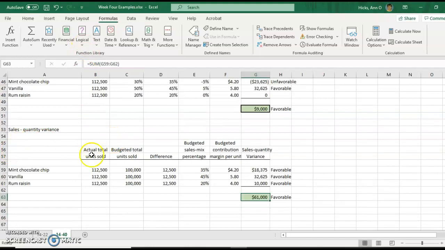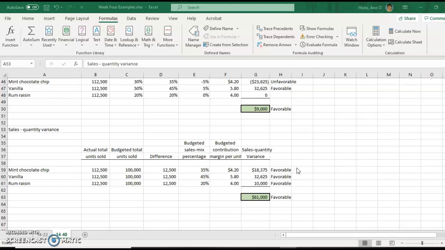Now, we can get more information on the sales quantity variance by breaking it further down into market size variance and market share variance. We're not going to do this at this stage, just given everything that's going on and how we need to get through the material.